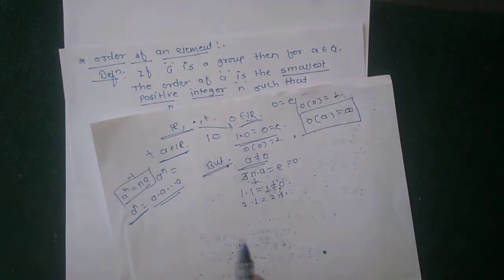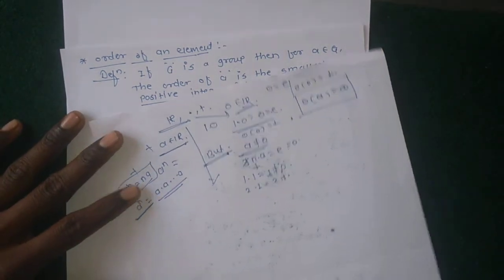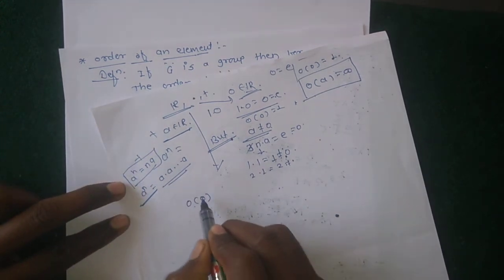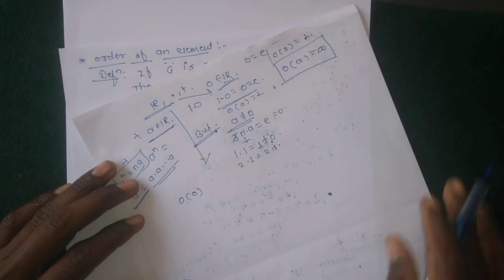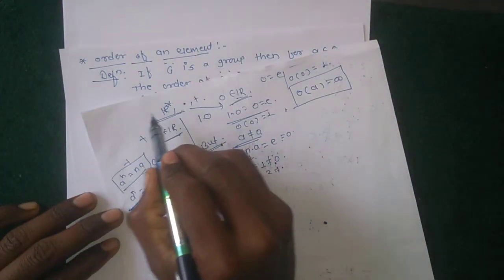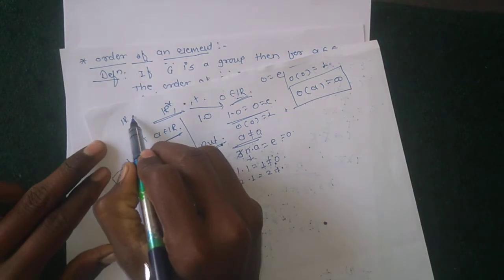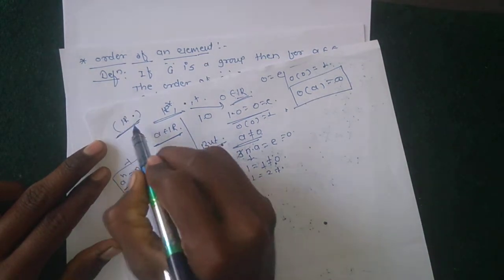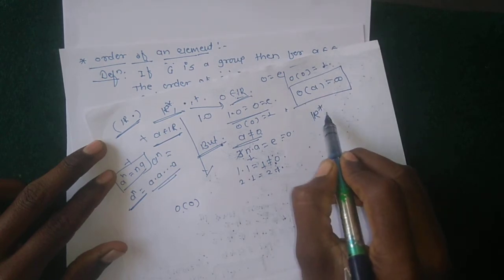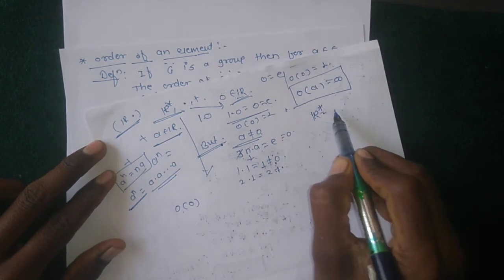And for multiplication, consider R star. The set of real numbers with respect to multiplication is not a group, but the set of non-zero real numbers, R star, is.